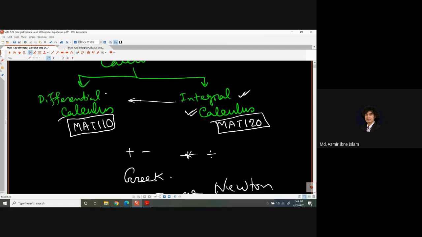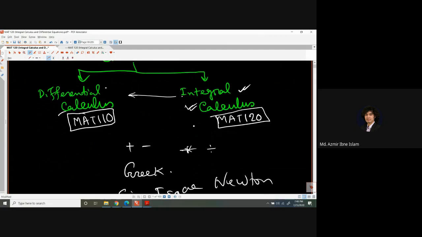That means these two things are linked up, and this realization, that integration and differentiation are actually inverse operations, paved the way for today's modern calculus, okay.